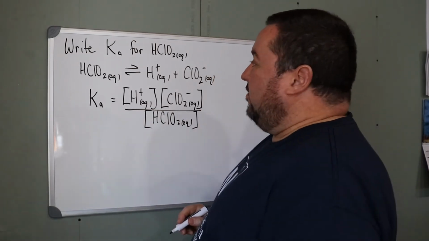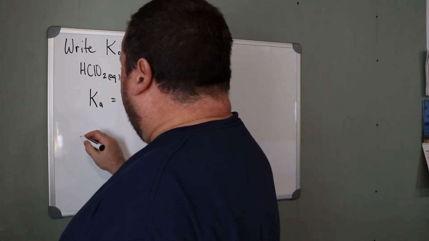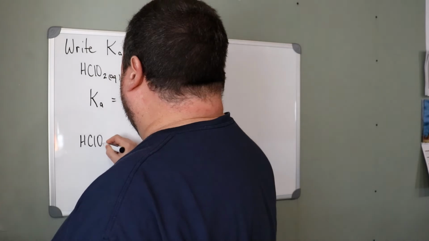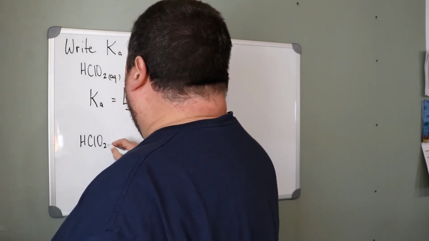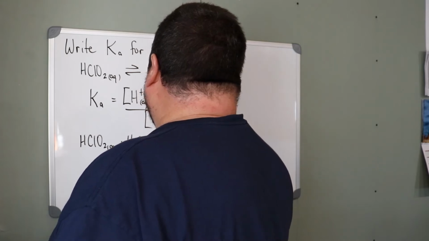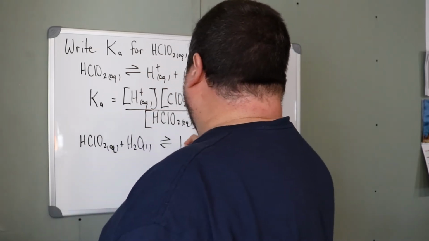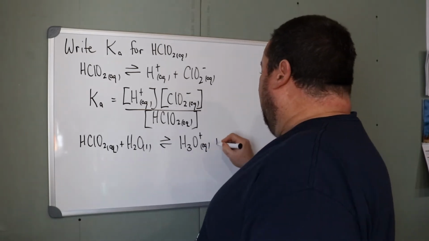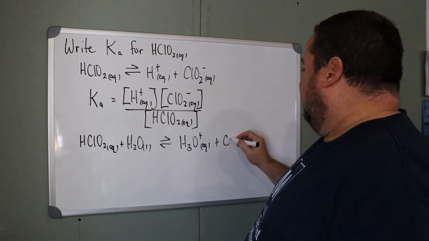If I write the Bronsted-Lowry equation, the only difference is I write HClO2. I show a reaction with water in equilibrium with hydronium ion and chlorite ion.